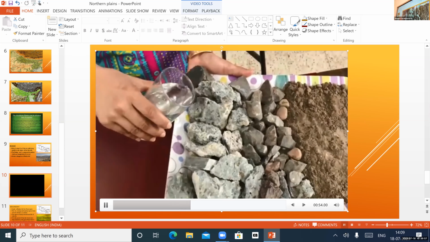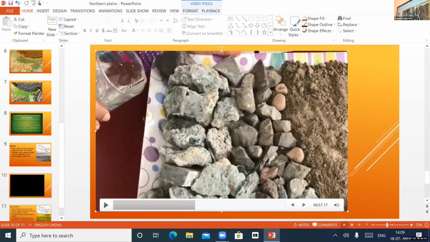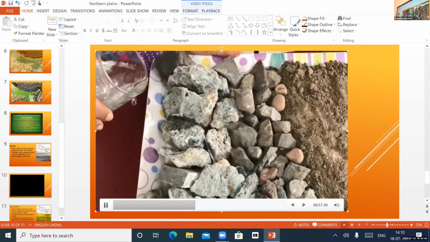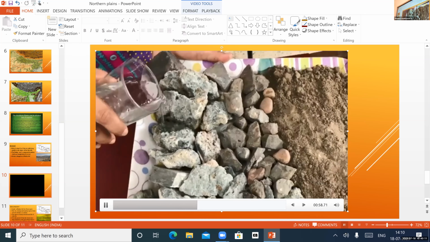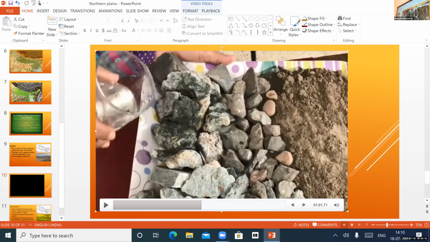Yes, she is pouring water here. Just imagine the river is flowing from the mountains. Clear? The river is flowing from the mountains. It's passing through this way. Can you see the water flowing through this way?